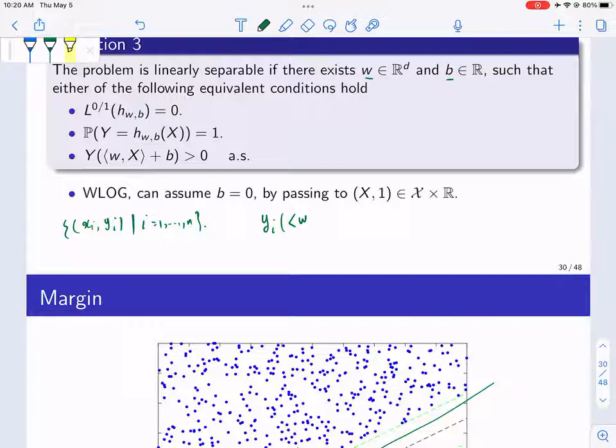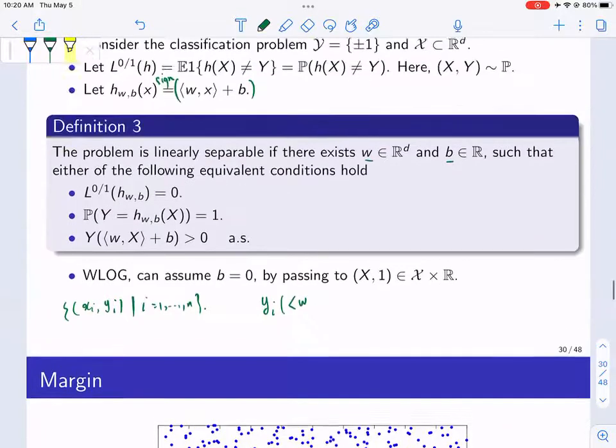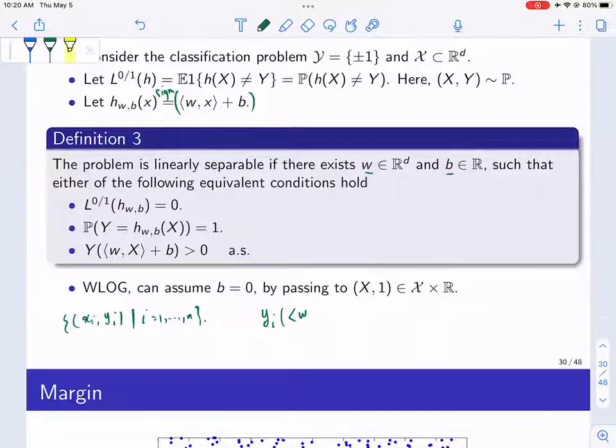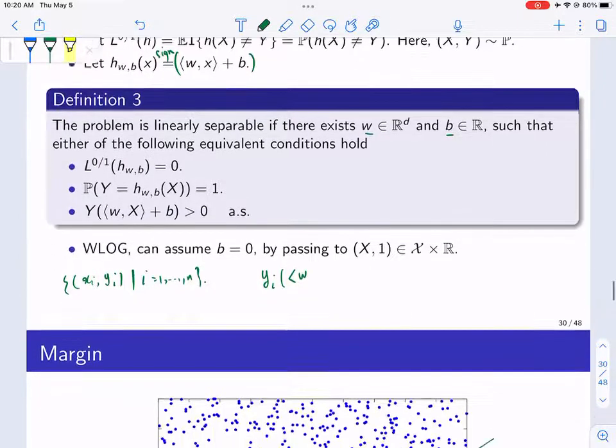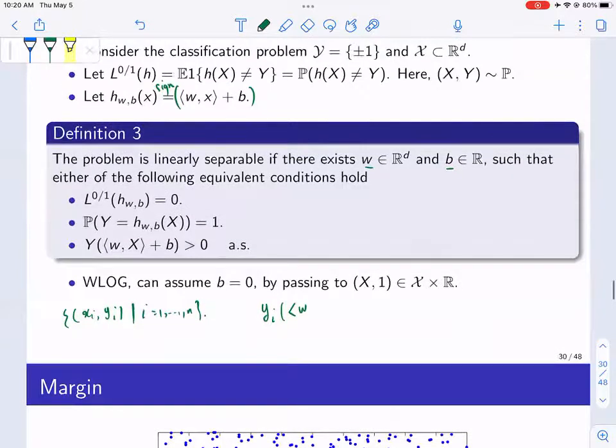I can try to minimize not the population loss, but the empirical loss.